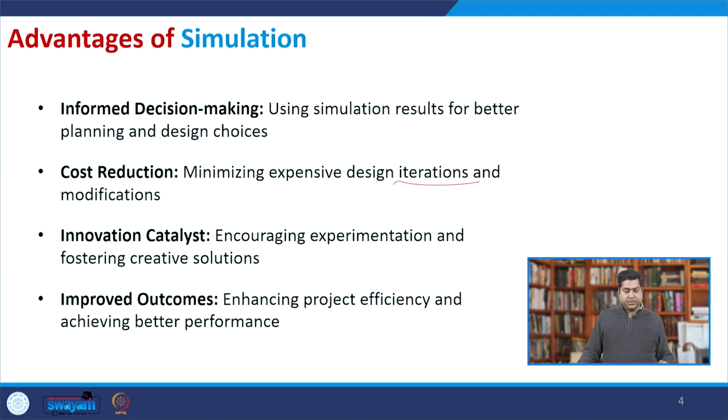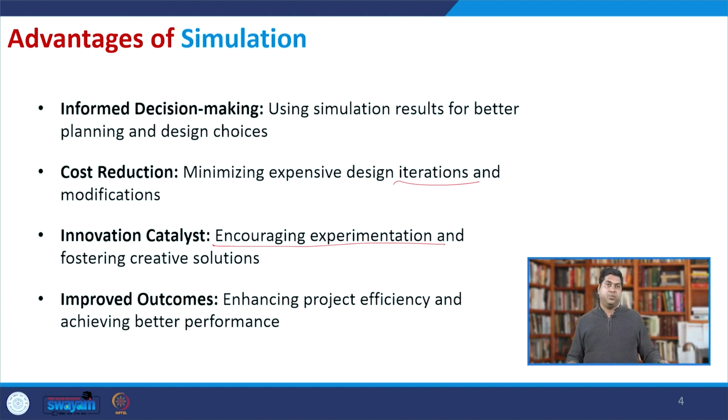Simulation also helps as an innovation catalyst, encouraging experimentation and fostering creative solutions. Whenever you have certain constraints in physical modeling or experiment, simulation can overcome that obstruction, or you can say the bottleneck, because in that case you can see advanced options, which if you don't have, you restrict yourself to limited alternatives.